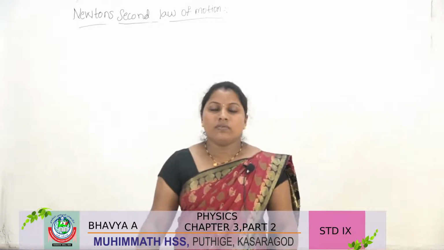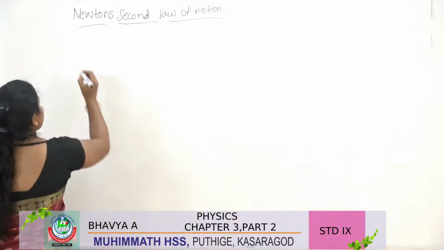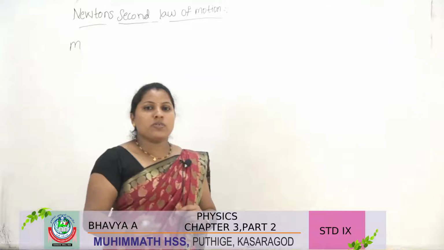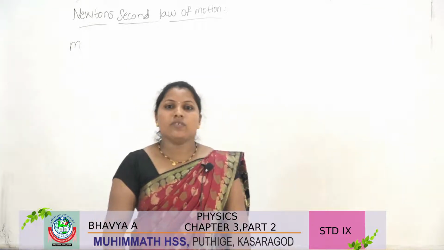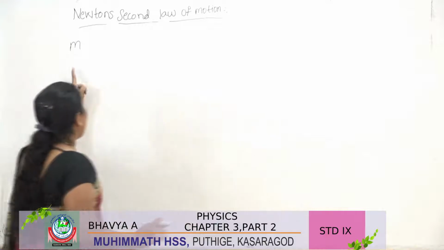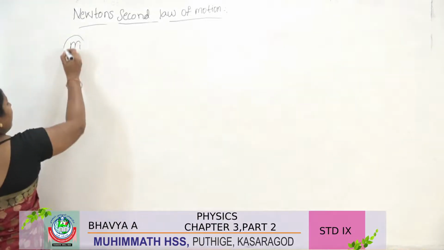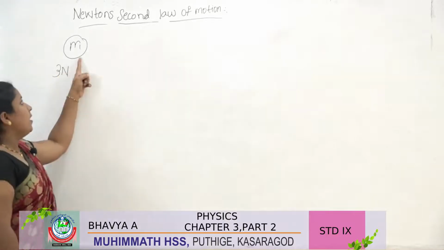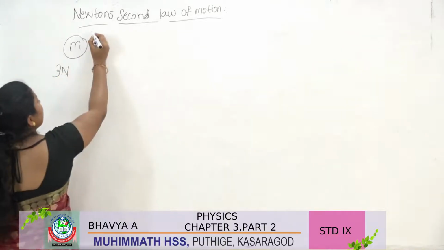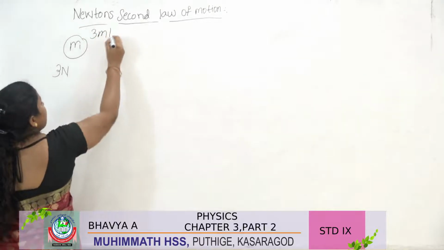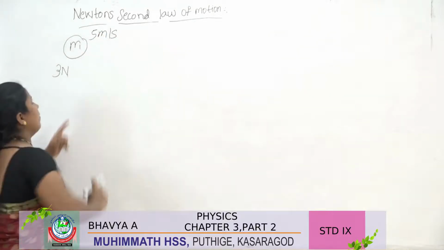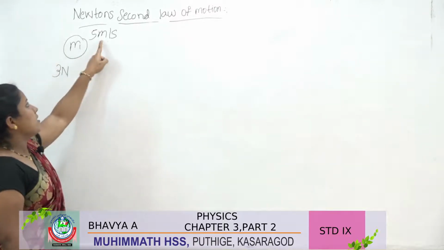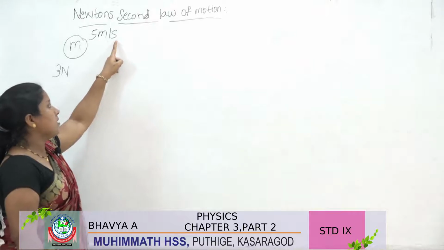Consider a body of mass m. Using Newton's second law, we can calculate force. See here, a body of mass m, you are applying a force of 3 Newton on this body, so its velocity changes to 5 meter per second.